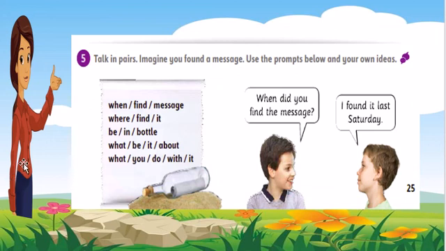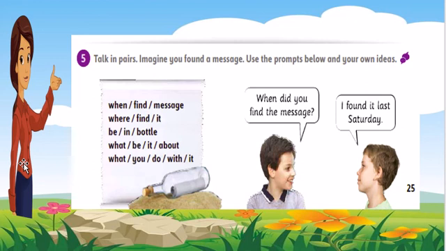Here, let's go back again to our student book, activity 5. Imagine you found a message. Use the prompt below and your own ideas. Look at the two boys. They are talking about a message they found, asking and answering.